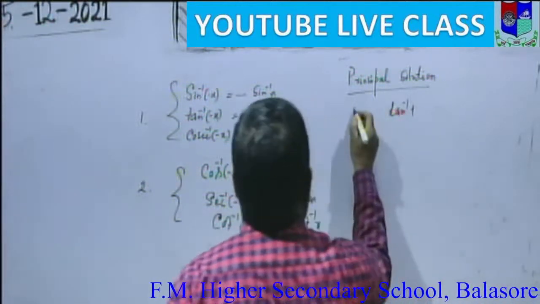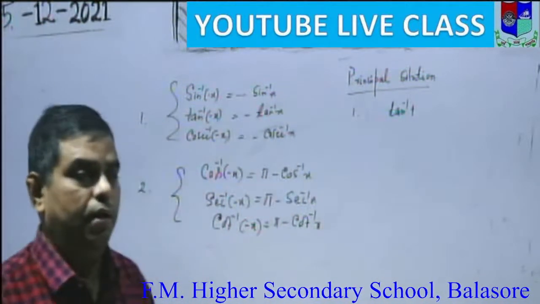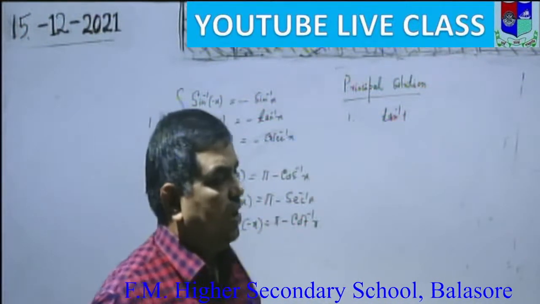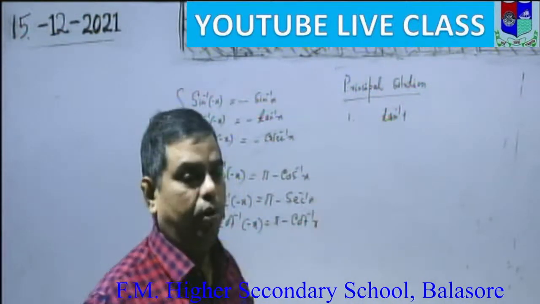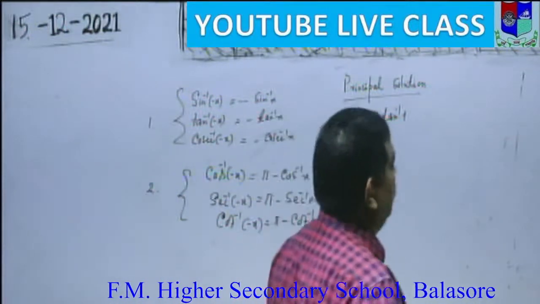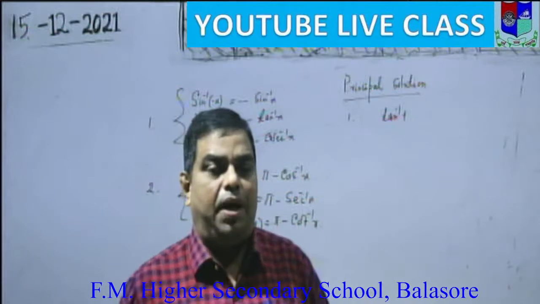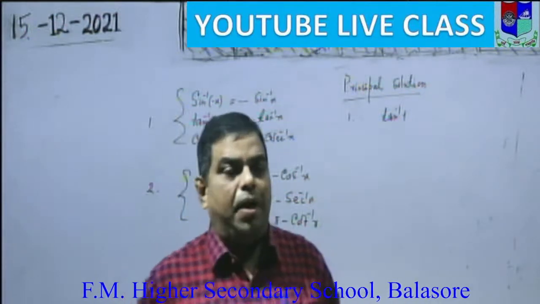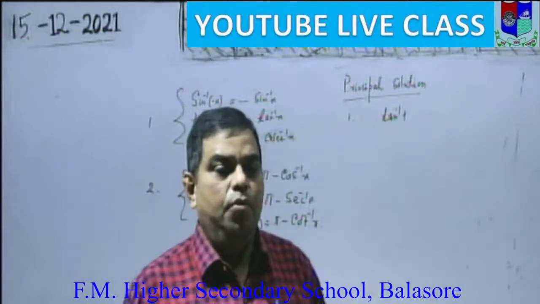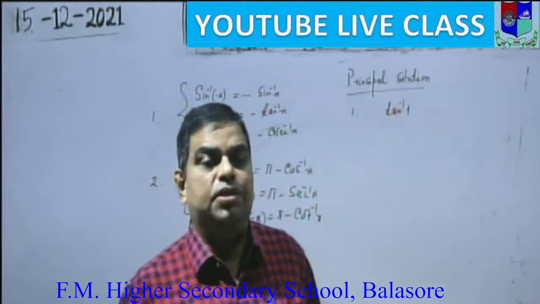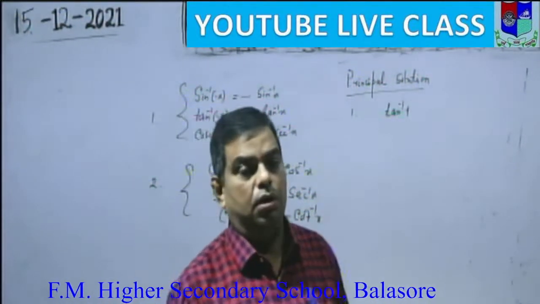Already we know tan inverse 1 means the value whose tan is 1. But we know tan has the open interval minus pi by 2 to plus pi by 2, sine has the open interval, cos has the closed interval 0 to pi and so on.